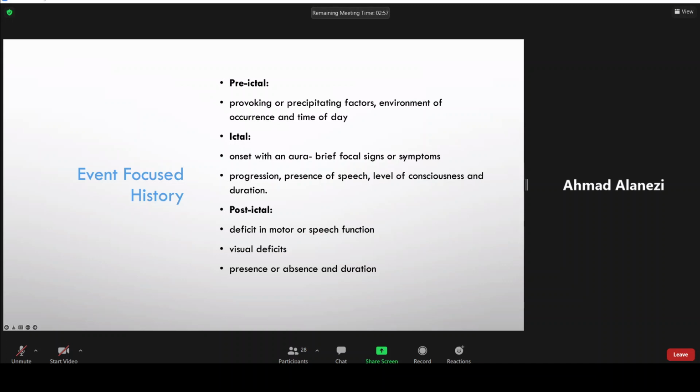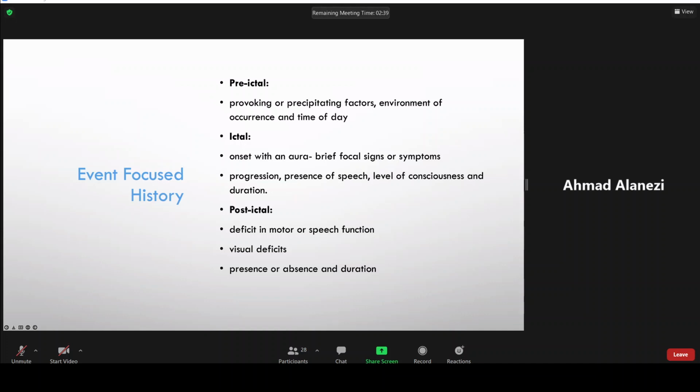And then the ictal, at the onset of the seizures, we need to pay attention to the first signs that happened with the seizure, and then how the seizure progressed.